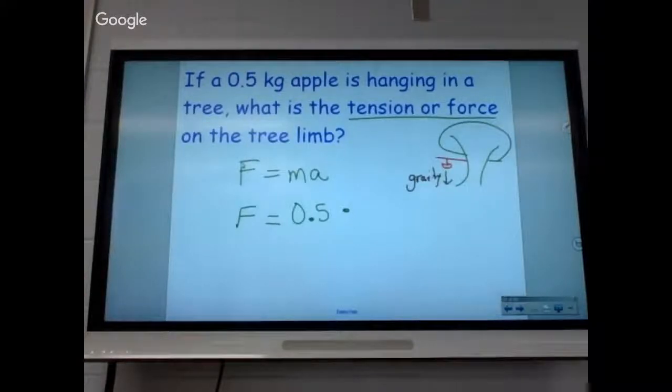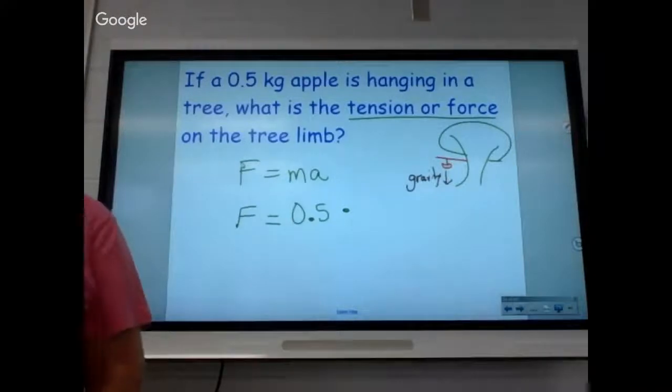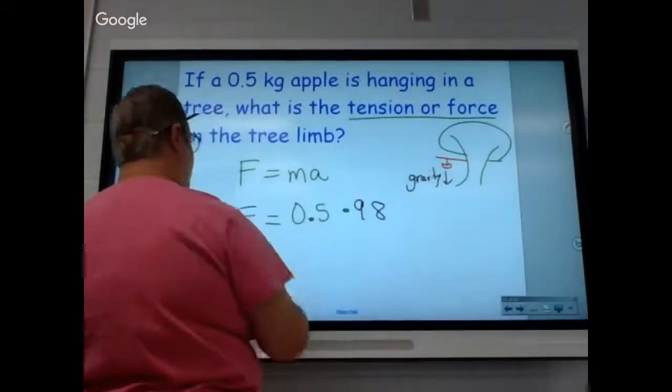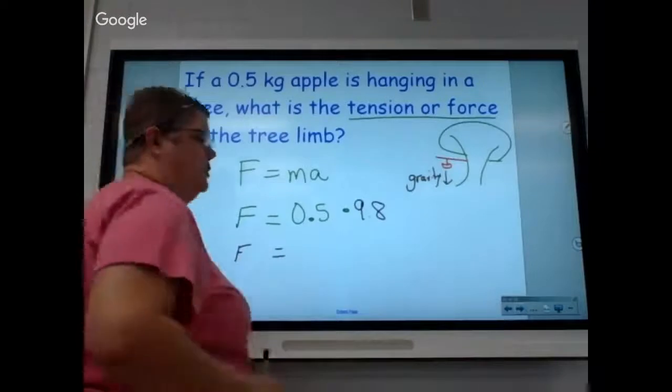So the acceleration is due to gravity. Look at your yellow cards. Off to the side in that same column, what did we just say acceleration due to gravity is? So all we do is write 9.8 there, and we can calculate force.